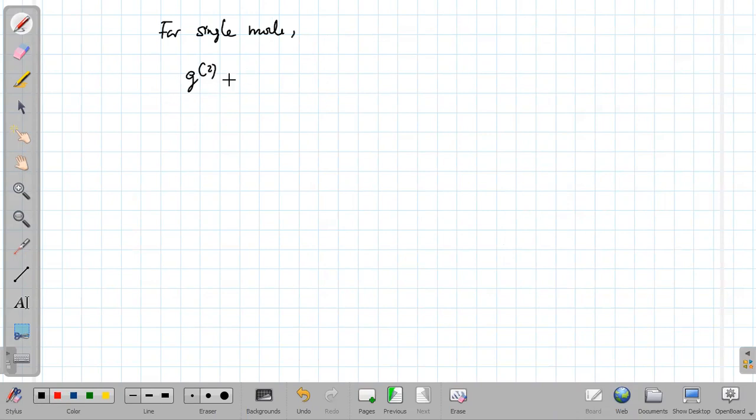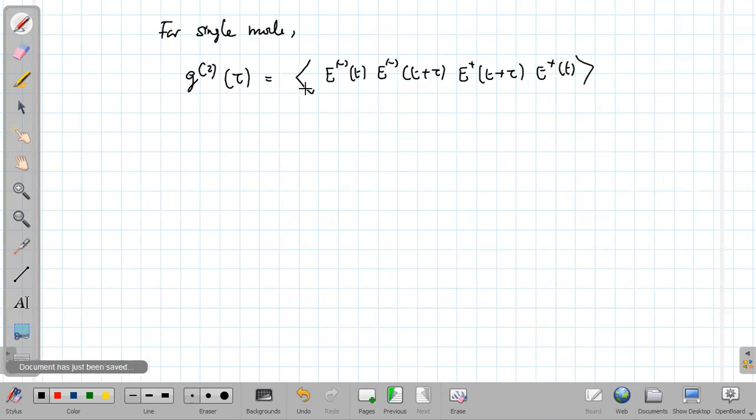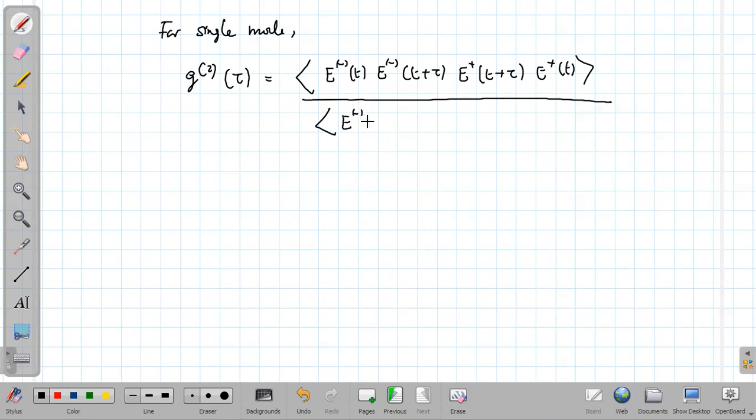So this g2(tau) would be equal to the average of E−(t) E−(t+tau) E+(t+tau) E+(t) divided by the average of E−(t) E+(t) times E−(t+tau) E+(t+tau).